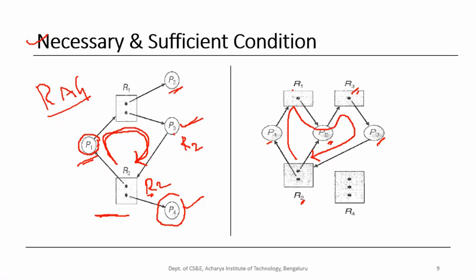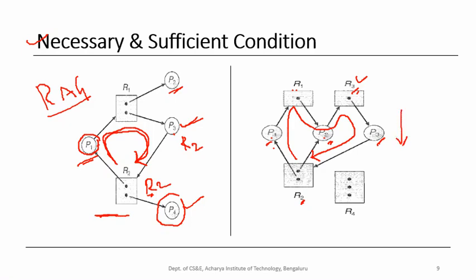Though there are two instances of R2, both instances are held by two processes, P1 and P2. So for P2 to complete, R3 has to be released, but to release R3, P3 has to get R2. And for P1 to release R2, P1 has to get R1, but that is being held by P2. So there will not be any progress at all in this case.